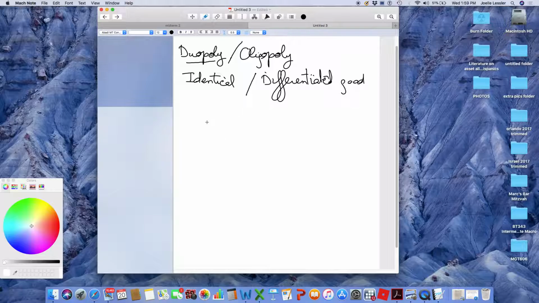Okay, and since they're selling an identical good, we know there is a certain demand curve. This is the demand curve for the good. Let's say there are 2 players, John and Mary.